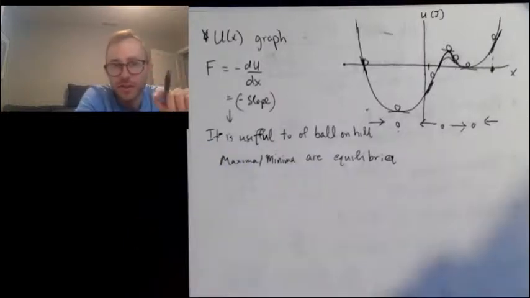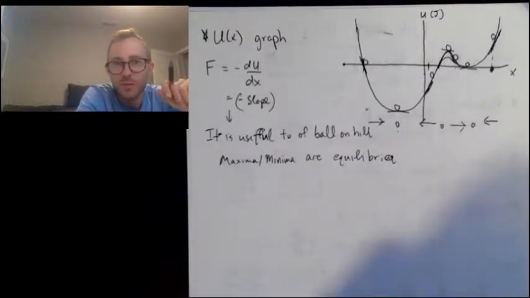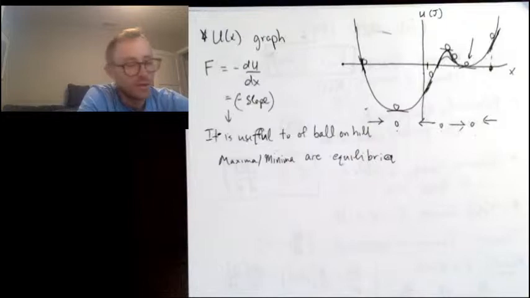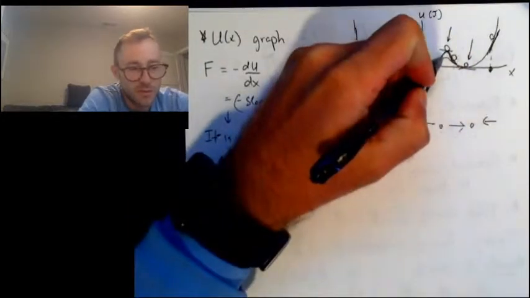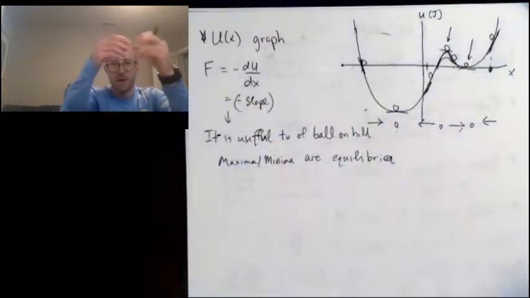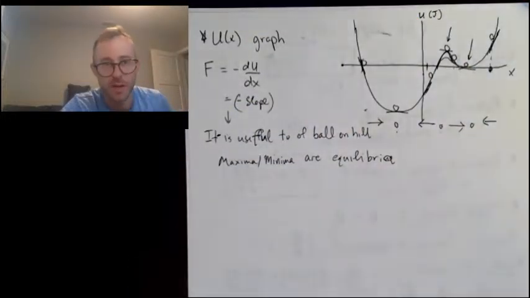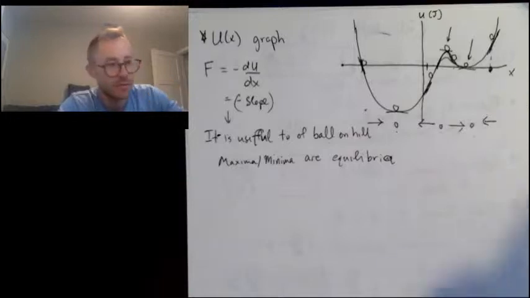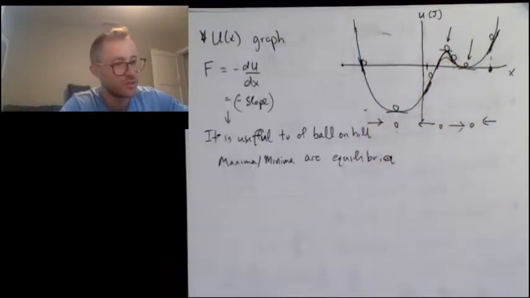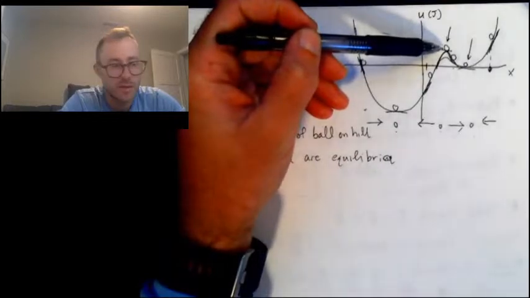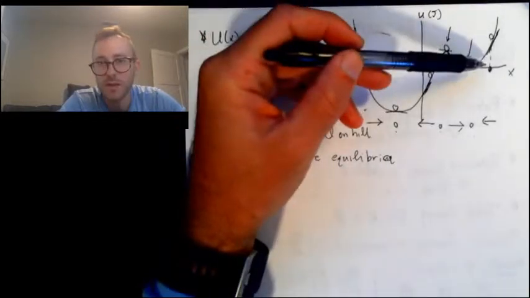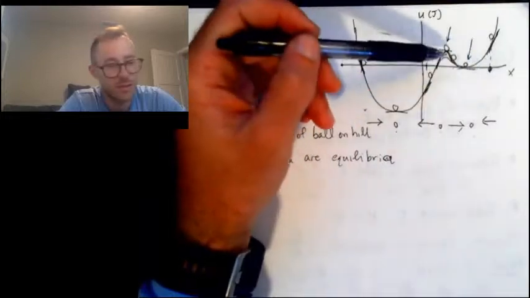But here's the thing. You actually have two types of equilibria. You have this type of equilibrium and you have this type of equilibrium. What would happen if you put a ball right here? It has to balance perfectly. If you nudged it a little bit to the right, it's going to roll away from that equilibrium and end up over here.